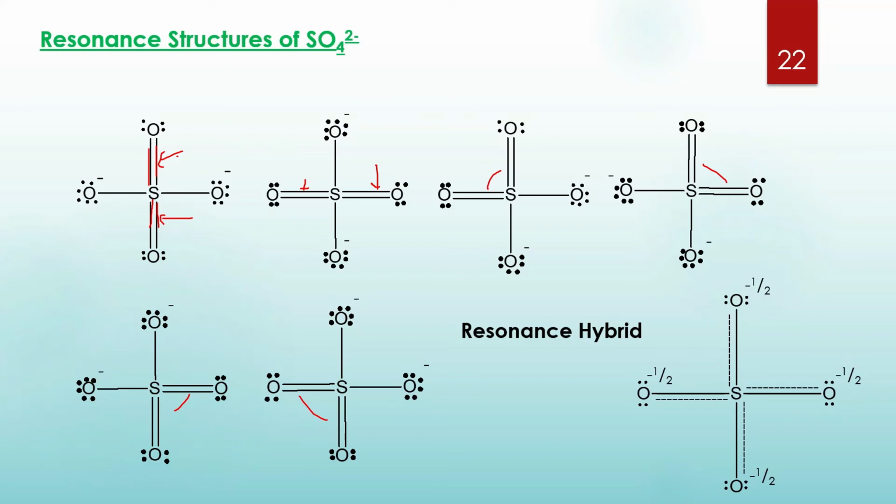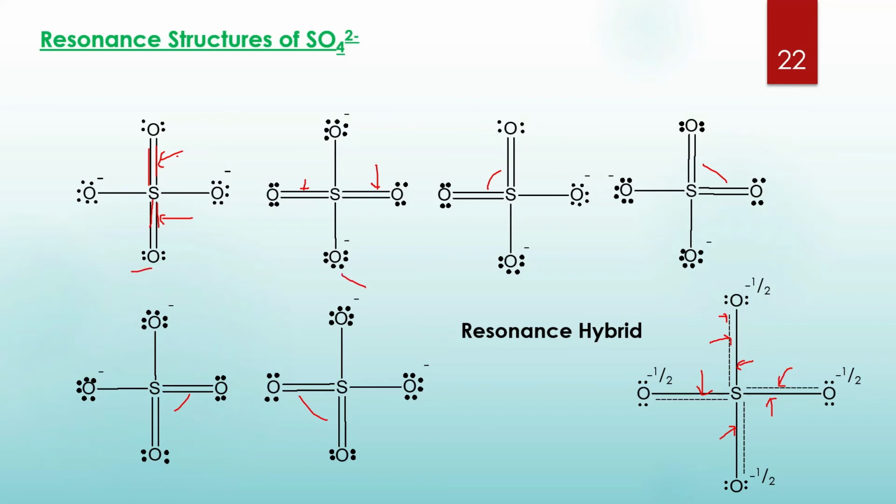When drawing the resonance hybrid, remember these sigma bonds should be shown. They should be shown by lines, and these broken lines show the bonds are not permanently present at that given location. If you take a look at this bond here, it appears in the first structure.